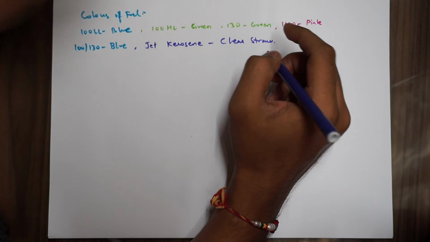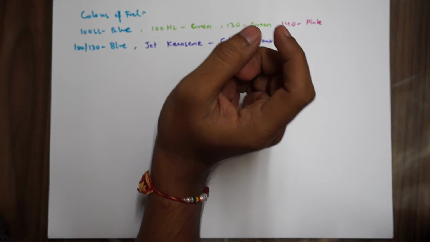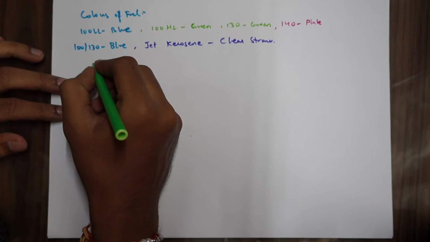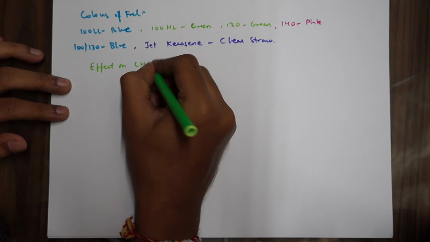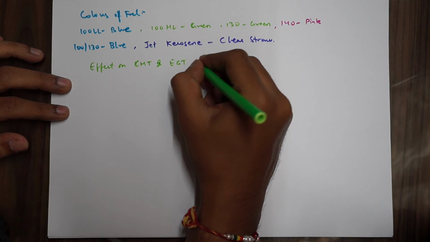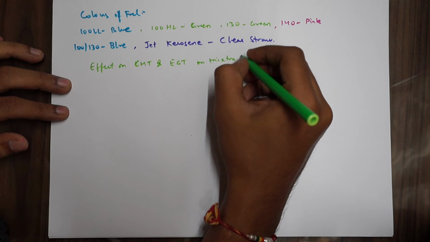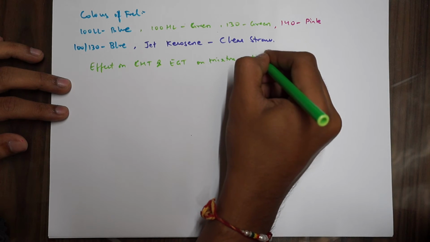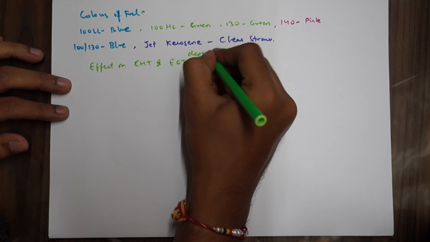Alright, so now I want to bring in the effect on CHT and EGT depending on the mixture ratio.